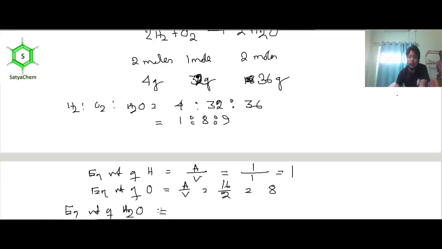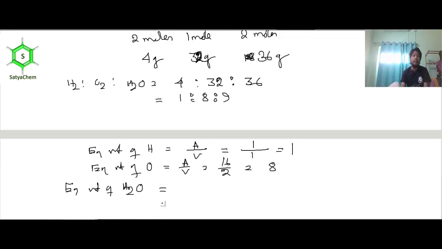And what is the equivalent weight of H2O? Here we are not able to calculate the equivalent weight of water just by E equal to A by V. Rather, we can calculate it by an addition rule. We add the equivalent weight of hydrogen, which is 1, plus the equivalent weight of oxygen, that is 8. As equivalent weight in a compound follows the addition rule, it becomes 9.